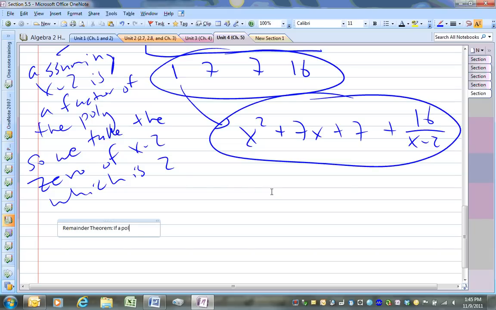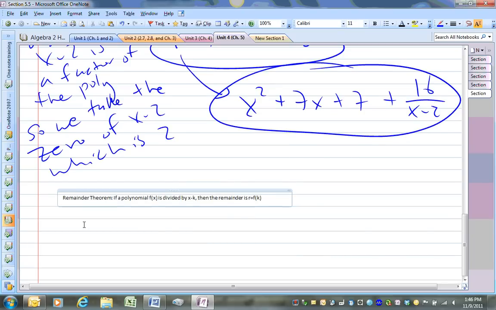If a polynomial f of x is divided by x minus k, then the remainder is r equals f of k. And I'll explain what that means in a little while.